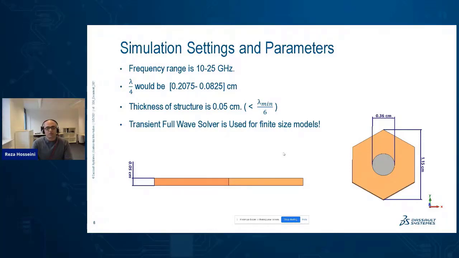The quarter wavelength inside the dielectric would be between 0.2 and 0.08 centimeter, and the thickness of the structure is around 0.05 centimeter, which is 6 times smaller than the minimum lambda of interest. The full wave solver that we use is the transient solver, and we're going to talk about it later in detail. You can also see the structure and the dimensions of the unit cell.